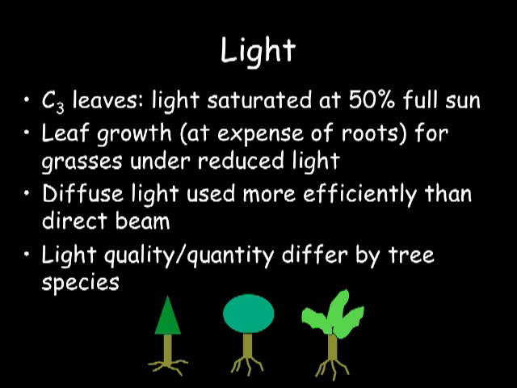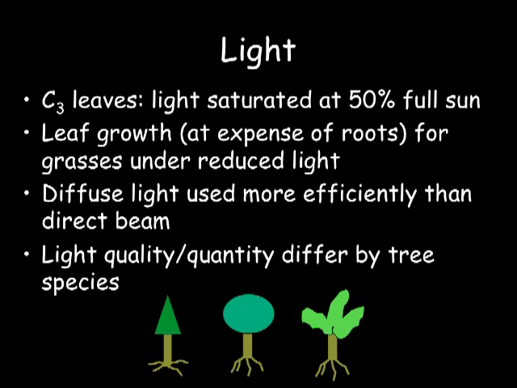Looking first at light, the energy coming into the system to drive the whole system, I want to make essentially 4 points on this slide. First, if you remember your biology class, you learned the C3 photosynthetic pathway, just that 3-carbon compounds that are being made when carbon dioxide is converted into plant tissue.